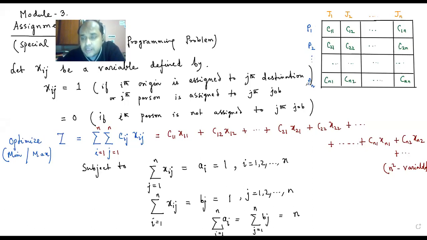Now you see, the number of persons in this table must be equal to the number of jobs. This is called the assignment matrix, and it must always be a square matrix.